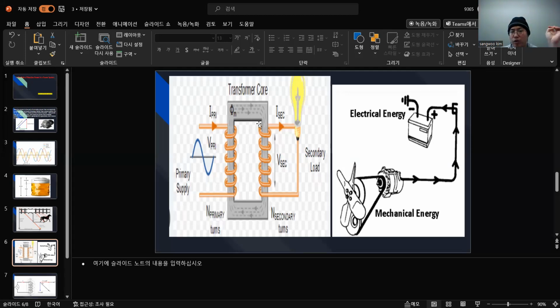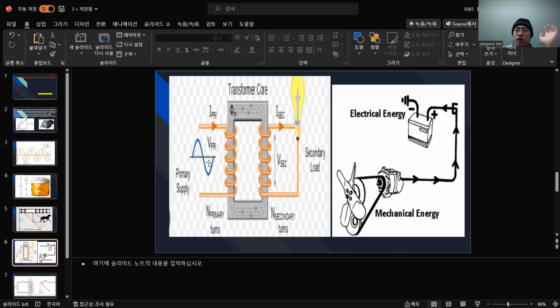The transformer's main purpose is to go from primary power to secondary power, just up and down, powers up and down. It depends. For main purposes, power loss, the transformer is needed.